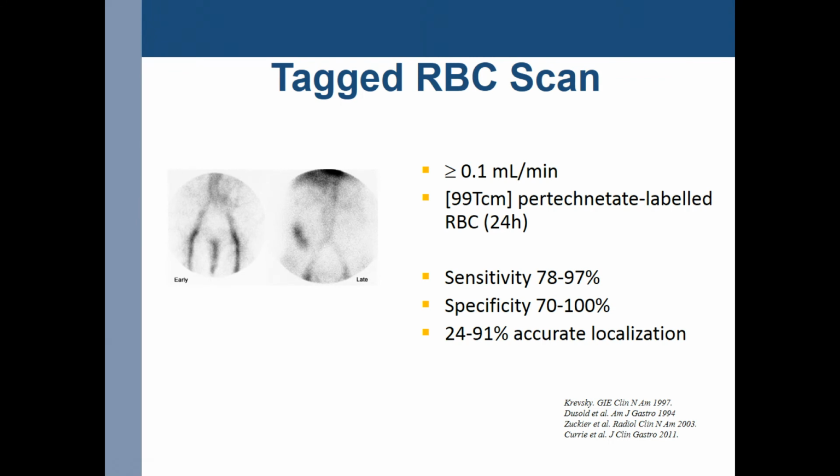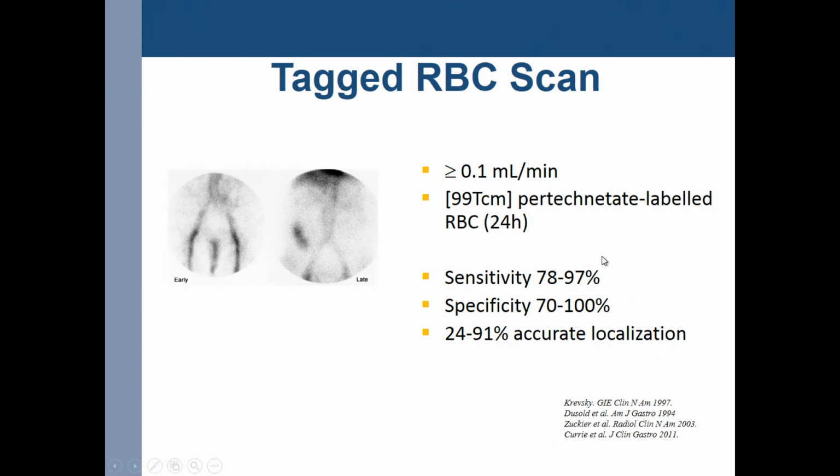So tagged RBC scan is very sensitive. It detects bleeding that occurs as low as a 0.1 cc per minute rate. And the way it's performed is that it's technetium-labeled RBCs, the patient's own RBCs that get labeled and transfused back to them.